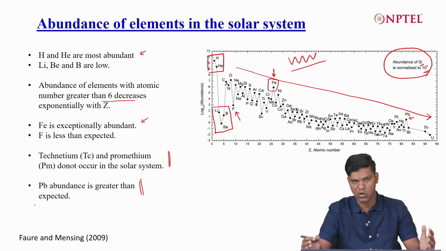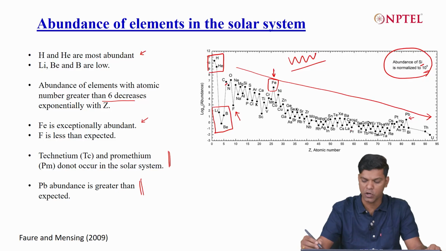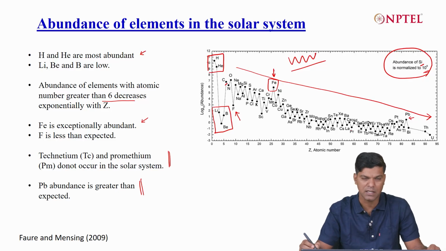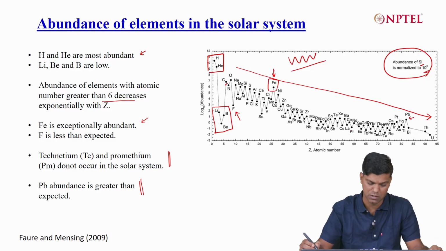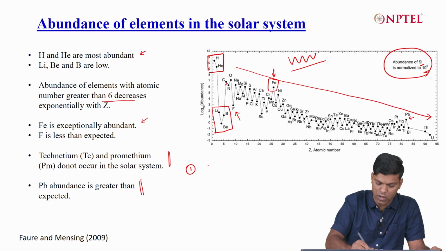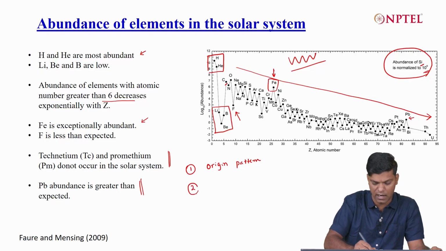All these seesaw patterns and the exponential decline in the abundances are largely linked to two things. One is the origin pattern of these elements, and second is their nuclear stability.